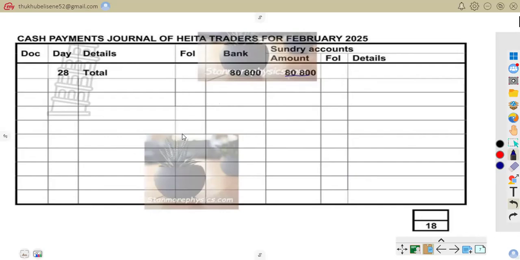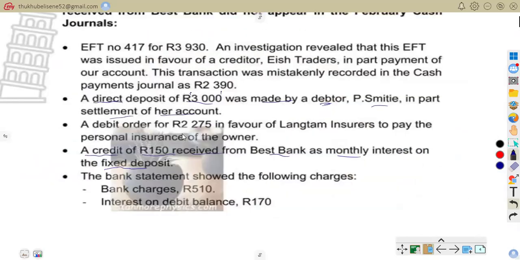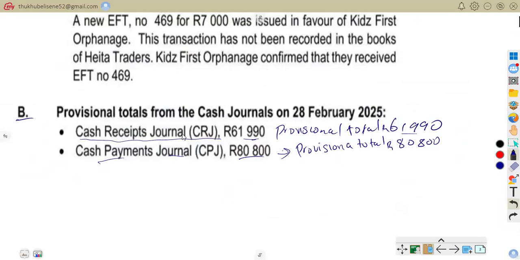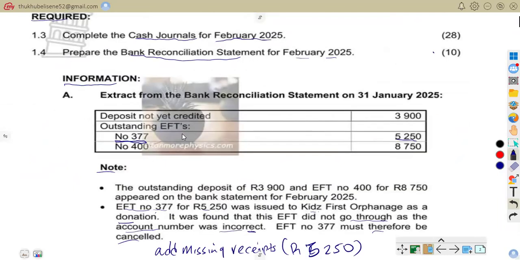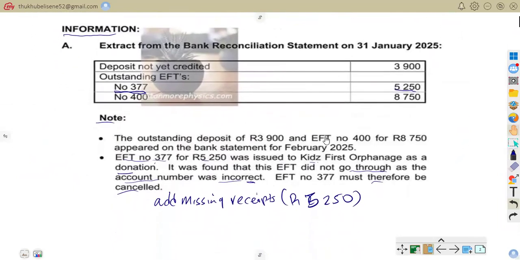Now let us see what transactions are going to affect our cash payments journal. So we are on the cash payment journal, and let us go through the information that is given.